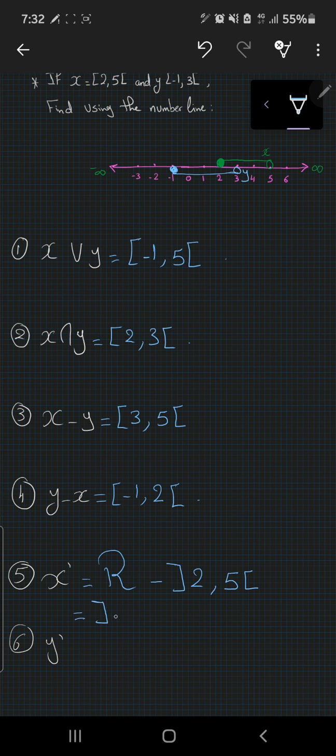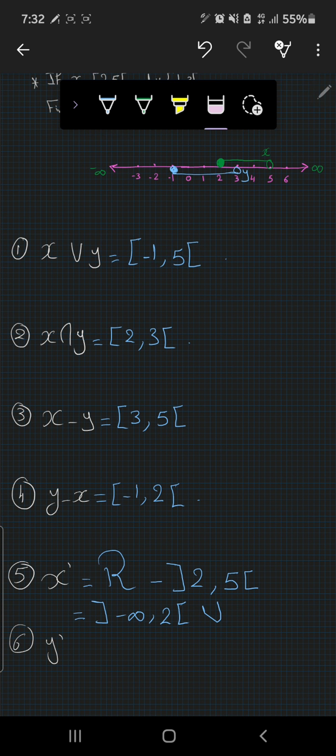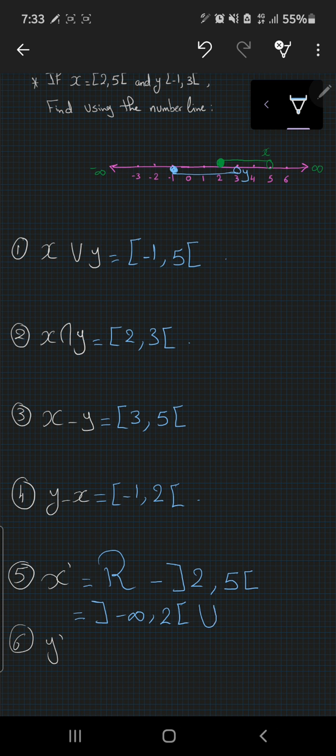Or negative infinity to 2 open union, and in your math we put 5 closed to infinity open. Also y complement, the real numbers minus y, which is negative 1 closed to 3 open.